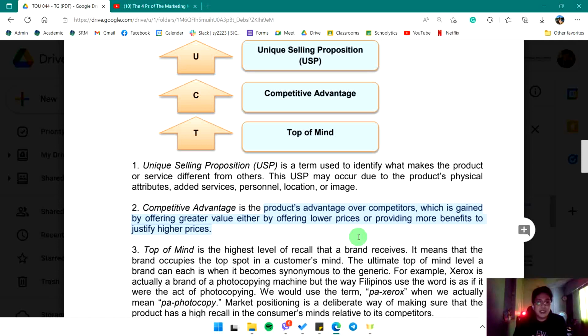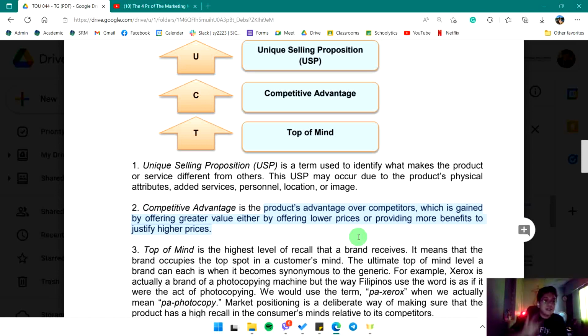Again, market positioning is what the market thinks about our product. So if we will offer greater value by offering lower prices, iisipin ngayon ni market na dito na lang tayo bumili sa produkto niya kasi mas mura to compared sa products na ino-offer ng kanyang competitors. Ibig sabihin, ang tingin ni market sa inyong produkto ay mas mura.